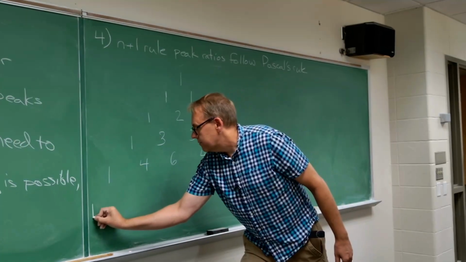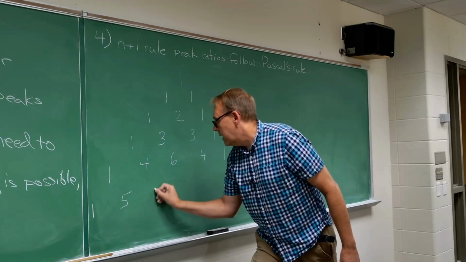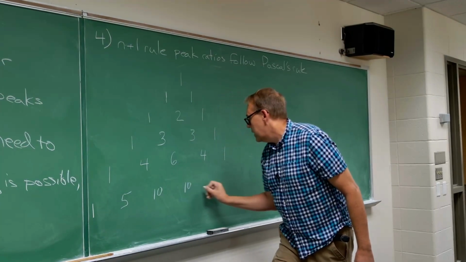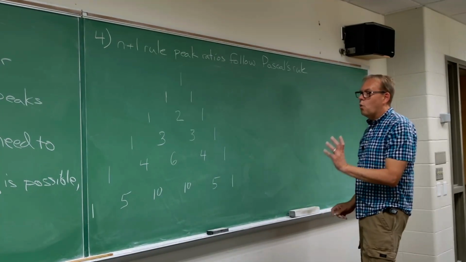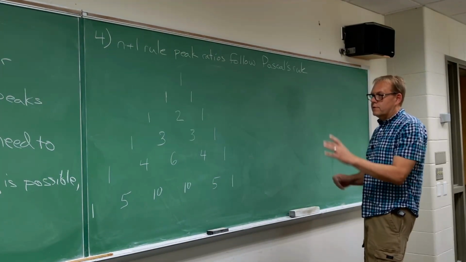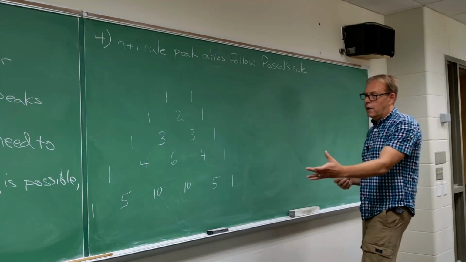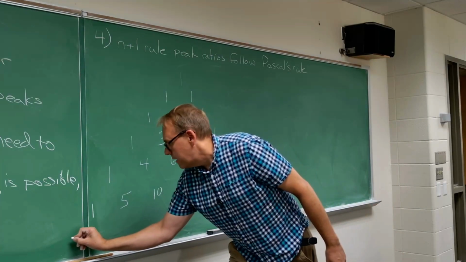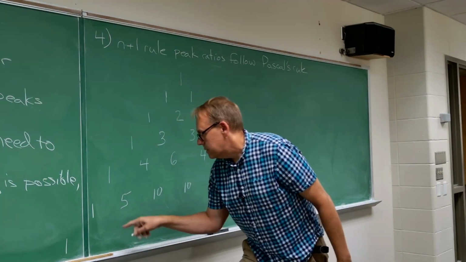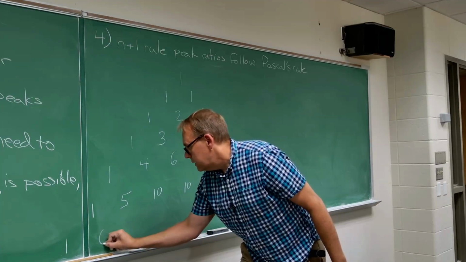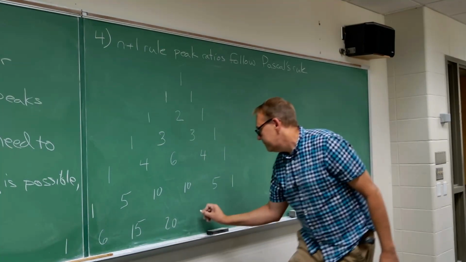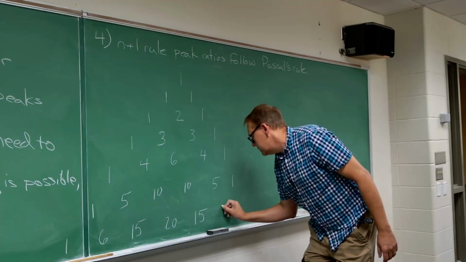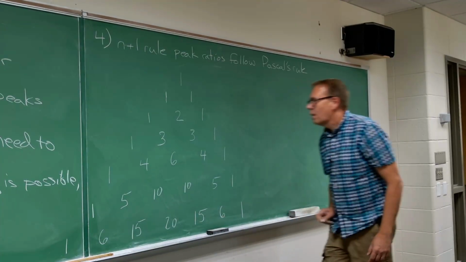We'll just kind of keep going for now. 1, 5, 10, 10, 5, 1. And I'm going to go one more level down because these are some of the most common splitting patterns that you see. And we're going to see one of these tomorrow that's at the bottom in the lab. 1, 6, 15, 20, 15, 6, 1.